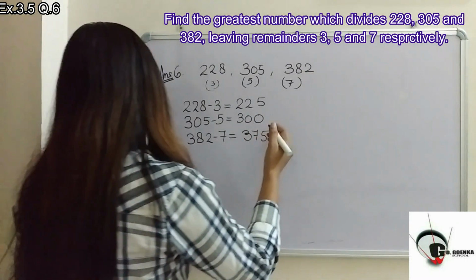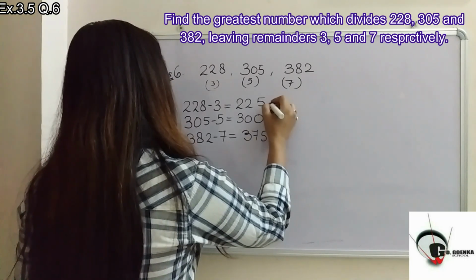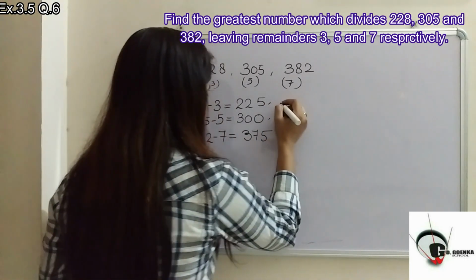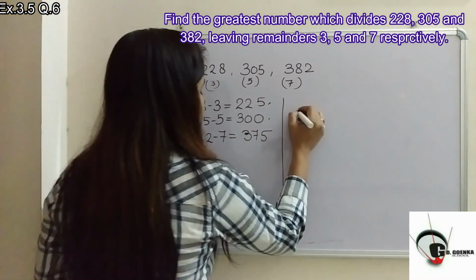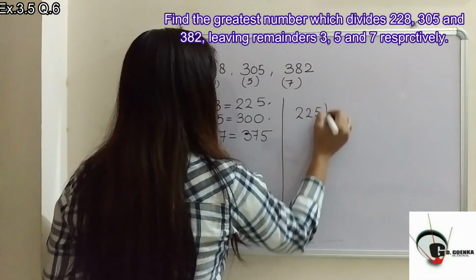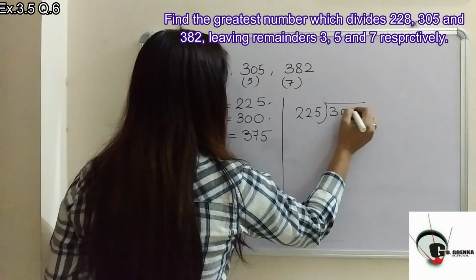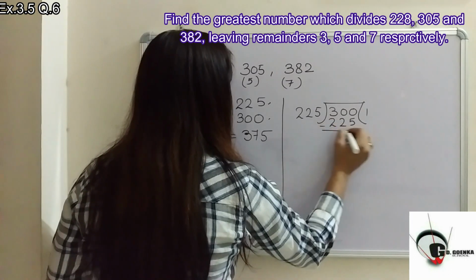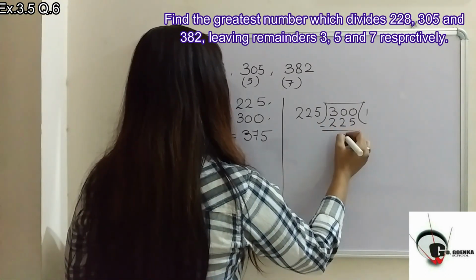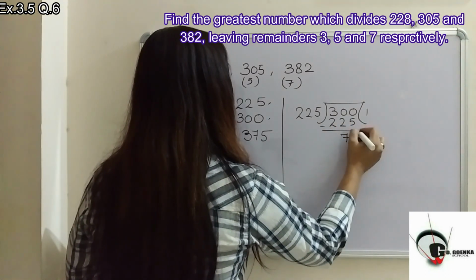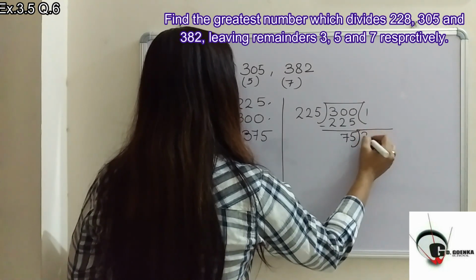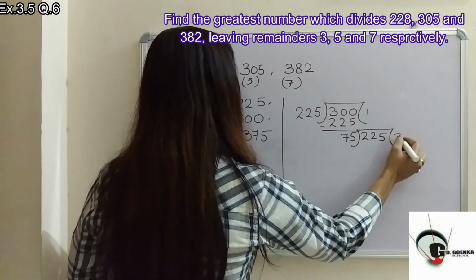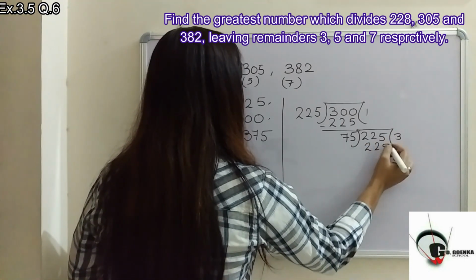I am taking these 2 numbers, 225 and 300. 300 divided by 225, we will get the remainder as 75. Now 75 will become the new divisor and 225 will become the new dividend. 75 threes are 225.